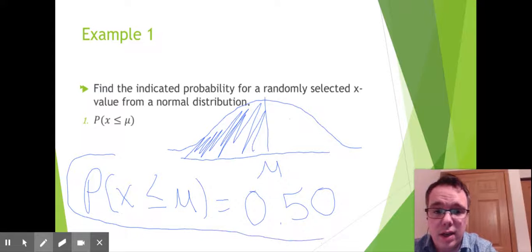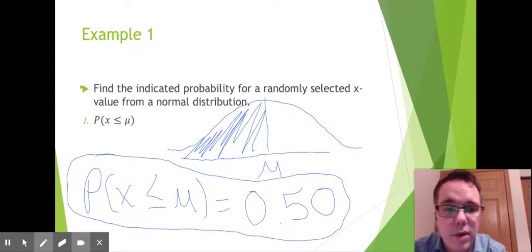That is what you get if you add up all those numbers. It's just doing a little extra work. So remember, we're trying to find the probability, or another way to look at it is 50% of our area is to the left of the mean.